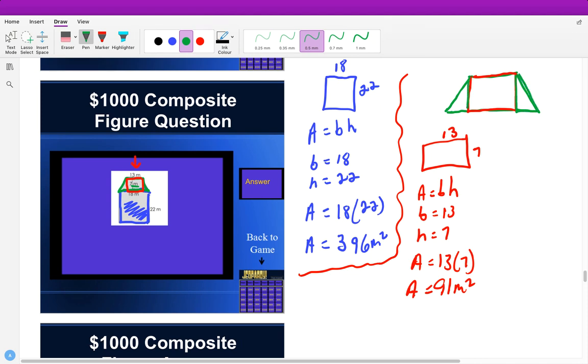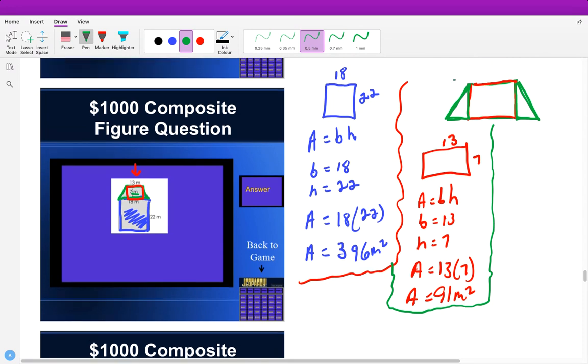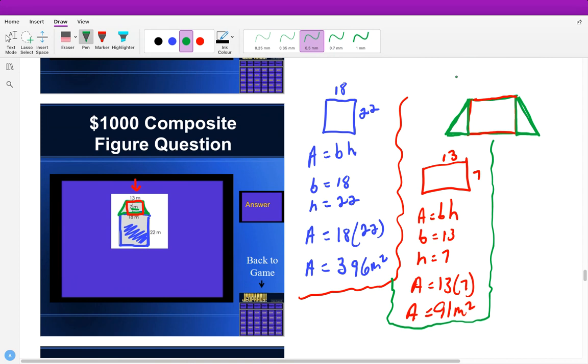I'm just going to solve for the area of one of them, and I can just double it to get the area of the other. Now what we need to think about, let me just box this off, is this entire side length from here to here is equal to 18.